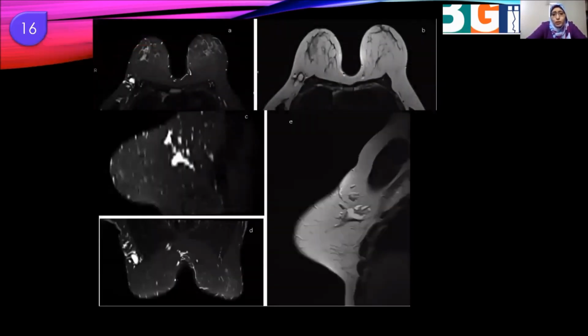We performed an MRI, and to be honest, the MRI was done after the tissue biopsy, just for confirmation of the pathological diagnosis. In the MRI, the T2 showed cystic spaces, bright on T2 with fluid signal intensity.